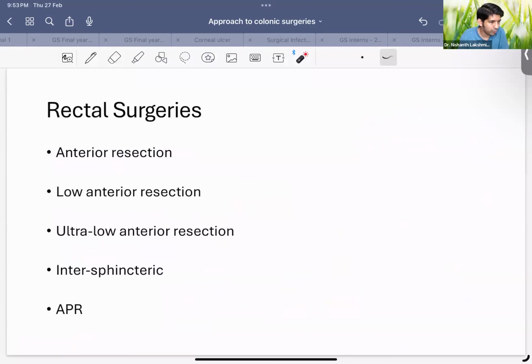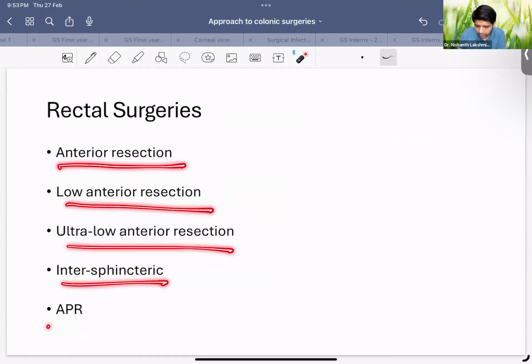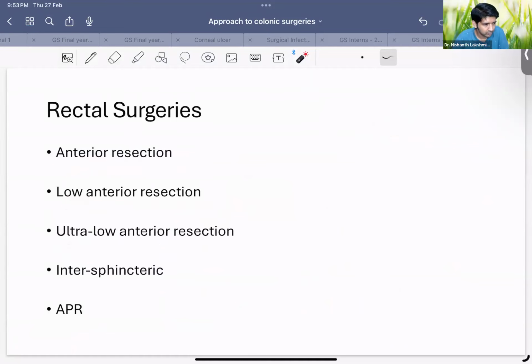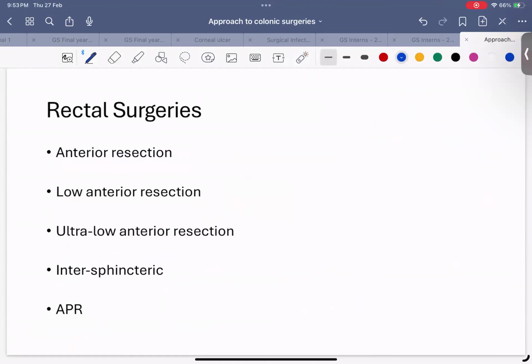Now, quickly, one of you, I think I'll go to Nitya only because we will otherwise run out of time. Nitya, can you tell me quickly what is anterior resection, low anterior, ultra low, intersphincteric, and APR? So anterior resection is for the rectal cancer which is at the upper one-third of the rectum. I will make it simple. Tell me where is the line of anastomosis. Forget about where the tumor is.